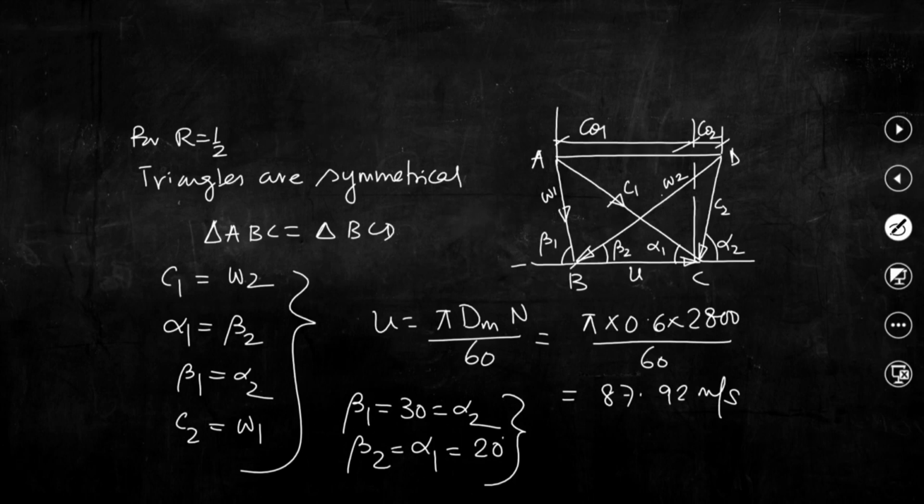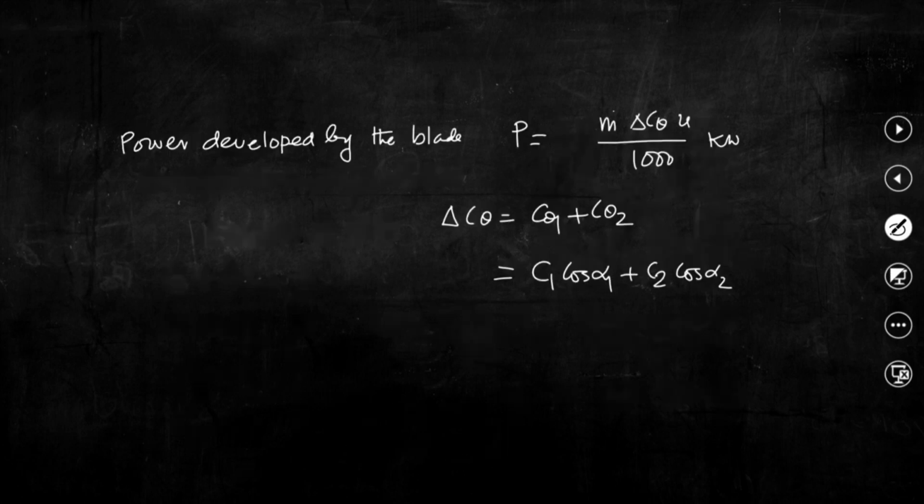So, this angle is alpha 2, right. Or this is as good as equal to W1 cos beta 1 plus W2 cos beta 2, that we have discussed in the context of the solution of the previous problem, that is equal to W theta 1 plus W theta 2, right.